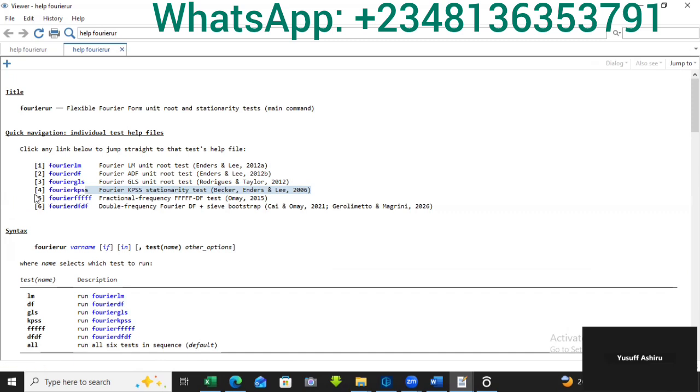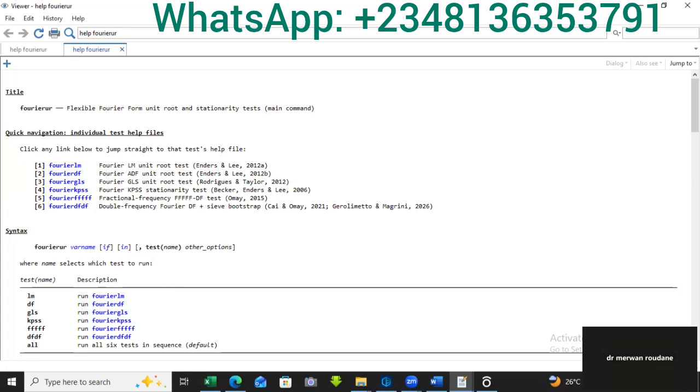But for test 4, if you reject the null hypothesis, it means that the series is not stationary. So it's the exact opposite of the other tests: the null hypothesis for test 4 is the opposite of the null hypothesis of the other 5 tests.